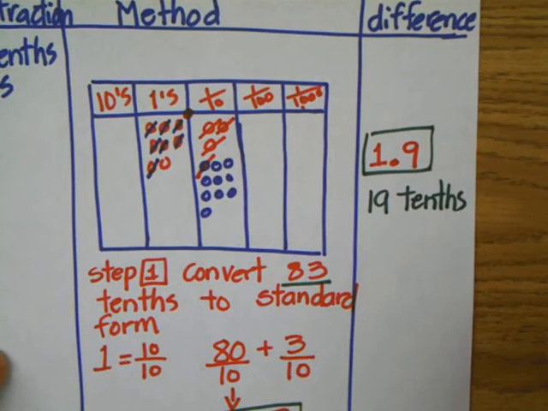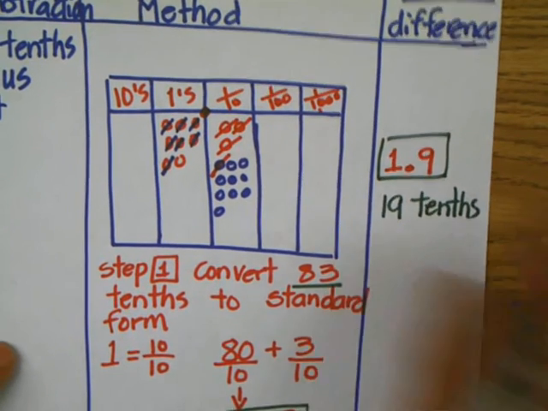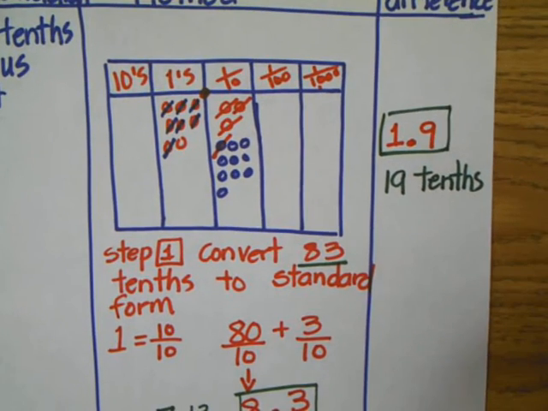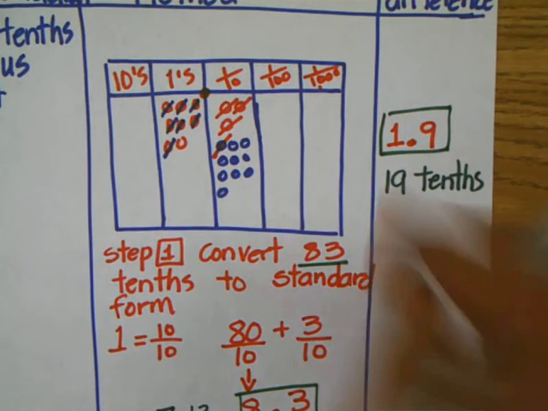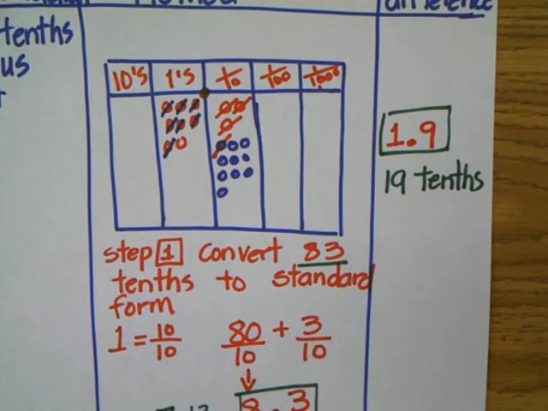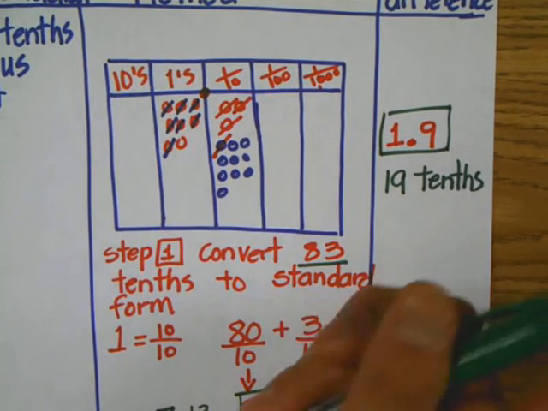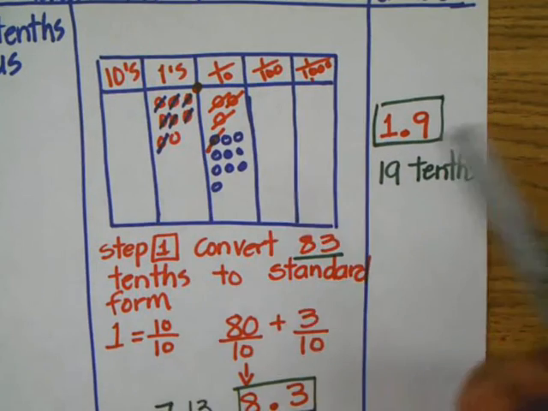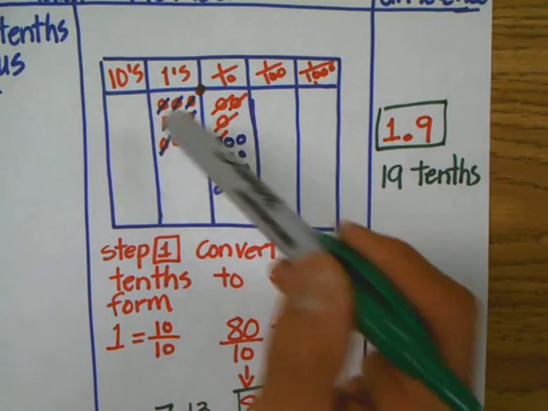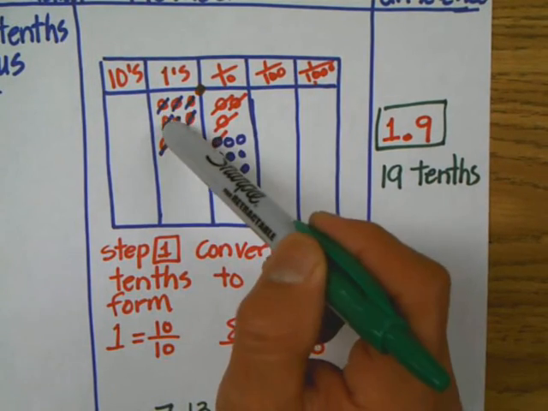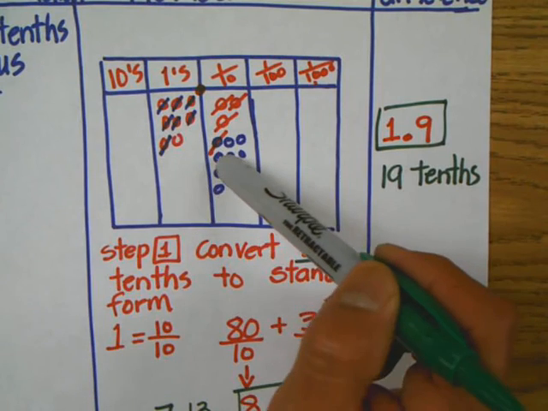So again, this is how you subtract using the place value chart and using the algorithm. Be sure that you understand what you're doing, and you can explain it. So once again we subtracted the ones first, and then we subtracted the tenths. I hope this is useful to you.